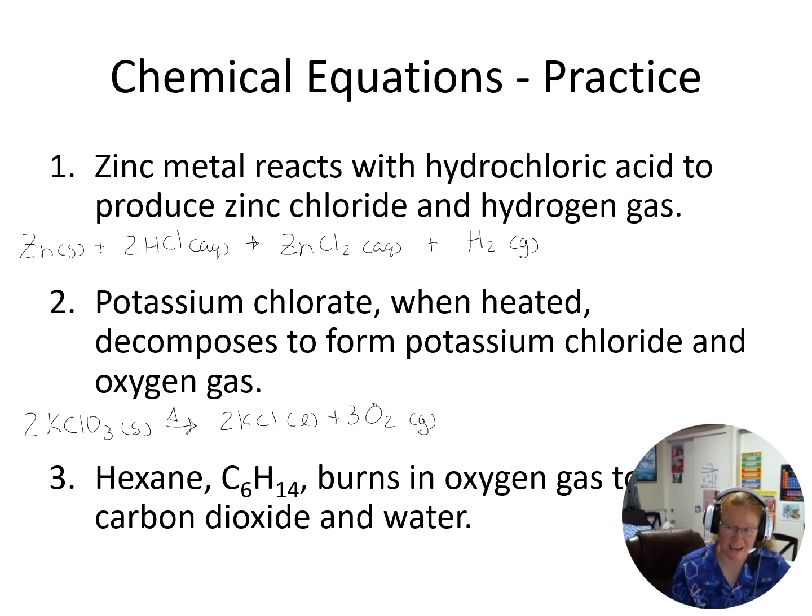So this is a combustion reaction. So anytime we burn something in oxygen and we get carbon dioxide and water vapor as our products, that's a combustion reaction. So usually when we do combustions, it's a hydrocarbon or some type of alcohol. We can combust other things, but a lot of times we combust hydrocarbons or alcohols because they burn easily. All right, so hexane.